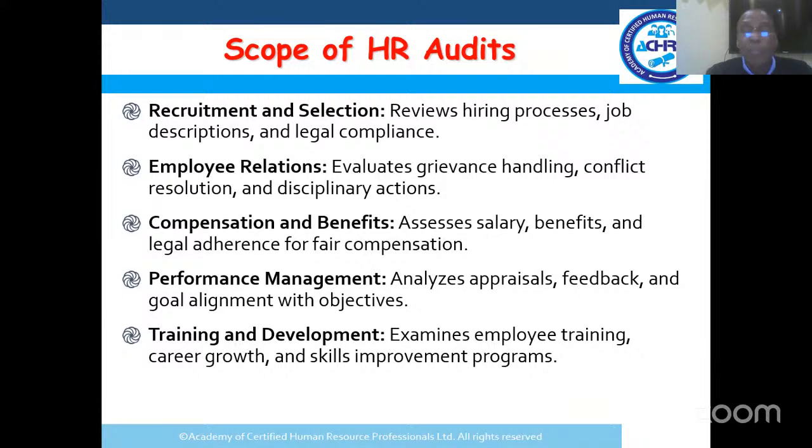The other aspect that is audited in HR is compensation and benefits. Compensation is what employees get for doing their work. Benefits are any form of rewards that employees are given in addition to what they are paid for working. So as HR managers, we are going to audit the compensation and the benefit system with respect to several aspects.